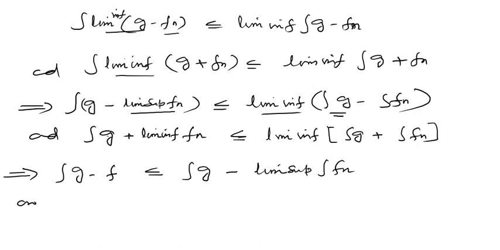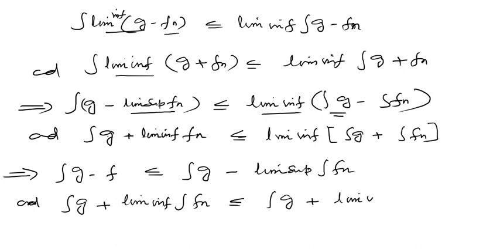And from the second we have the integral of g plus the limit inferior of the integral of fn is less than or equal to the integral of g plus the limit inferior of the integral of f.